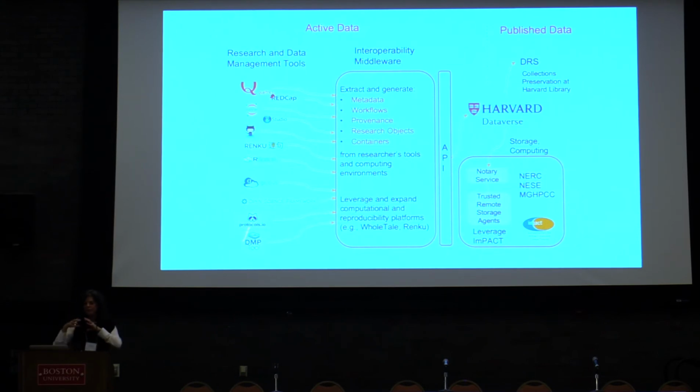So that's where this interoperability middleware takes a role, right? And it helps to take all these outputs and add value to it so they can be tracked in a way that follows research data management.